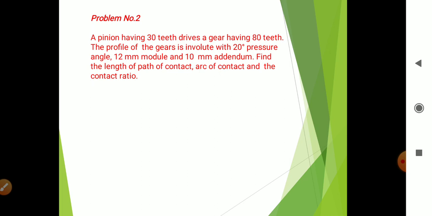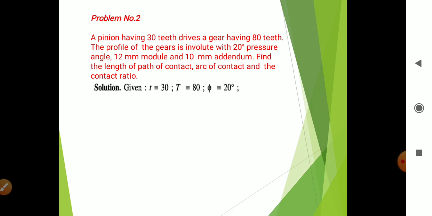First we have to find the length of path of contact. After finding this, we can directly find the arc of contact, and then the contact ratio. First we mention the given data. Small t is equal to 30, the number of teeth on the pinion.